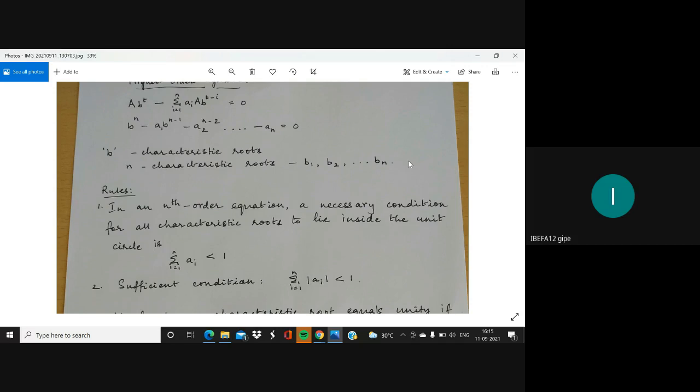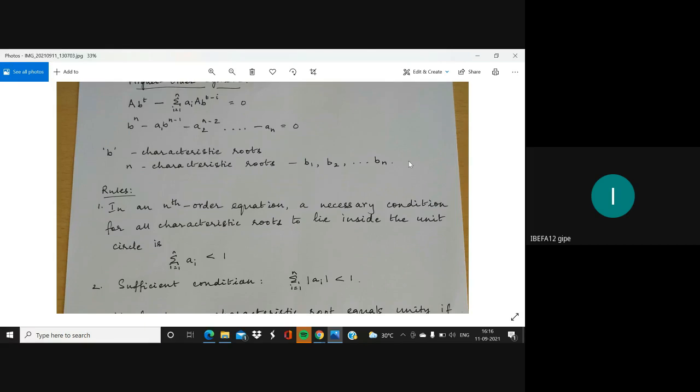Just imagine a graph with real numbers along the x-axis and imaginary numbers along the y-axis. You don't actually think of the numbers because it will become very complex. Now think that a circle is drawn on this graph with a radius equal to 1, and the center of this circle is the origin.